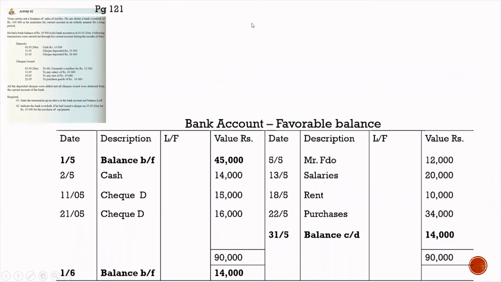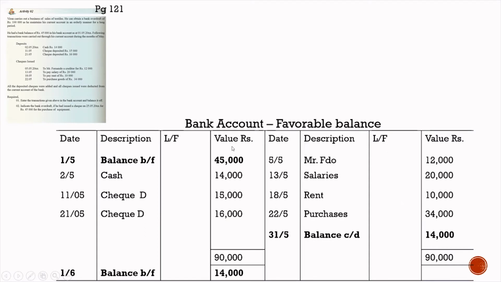If the bank does not have an overdraft facility, we bring the bank balance of 45,000 at the beginning. There are 3 deposits worth 14,000, 15,000 and 16,000, and checks issued worth 12,000, 20,000, 10,000 and 34,000.